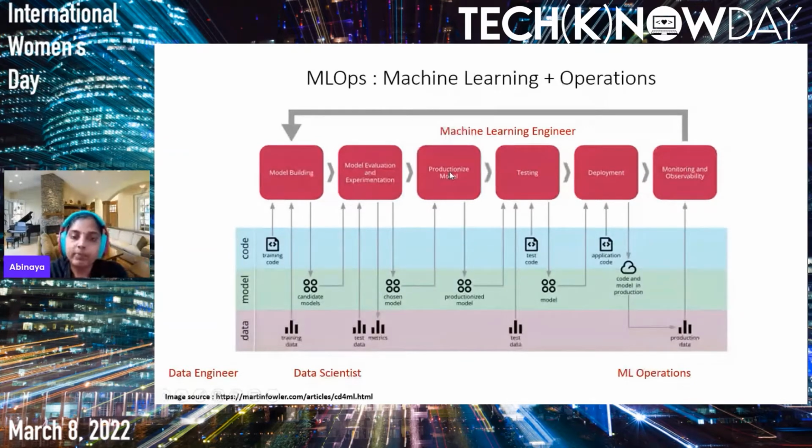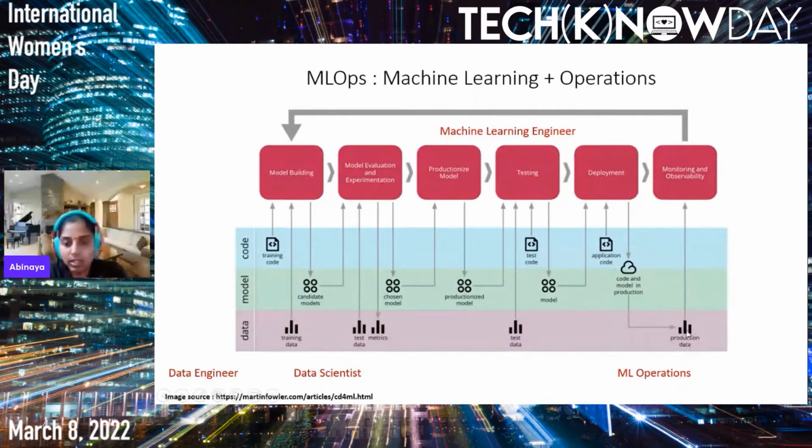In the production phase, a machine learning engineer will package the model and expose it as an API after doing enough testing. Testing is done using the testing data, and that tested model will be deployed to the application. Once the model is deployed to the application, it is available for the end users.